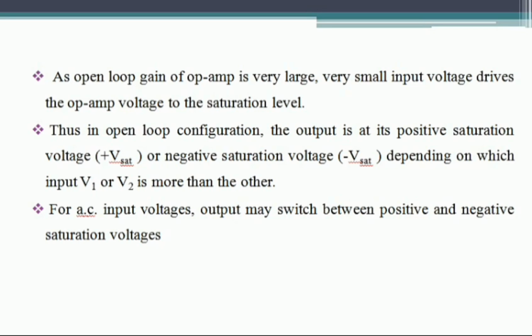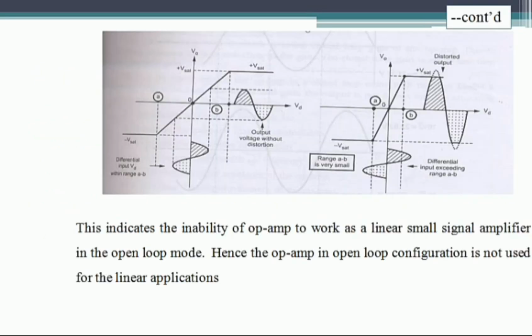For example, if you consider an AC input signal, then the output voltage will shift from positive VSAT to negative VSAT. If you see how the graph of the output signal will look, it looks like this. This is the input voltage.